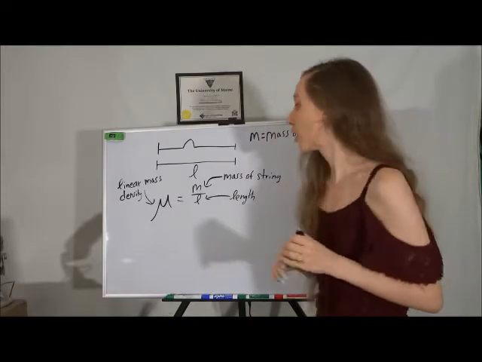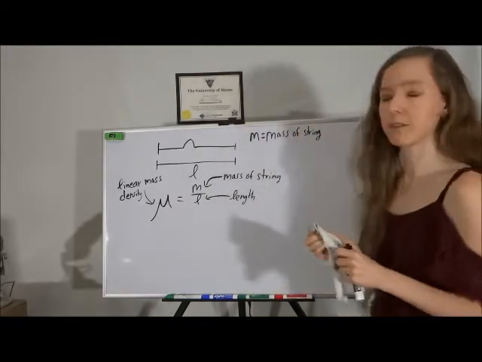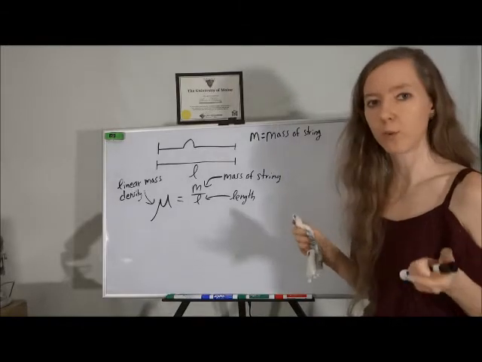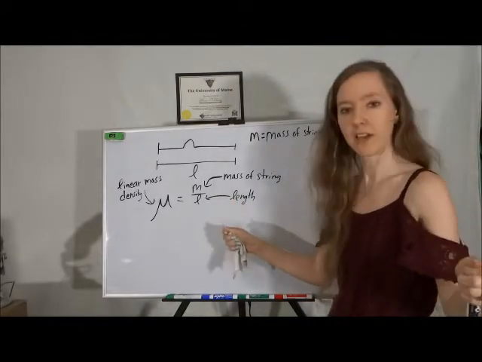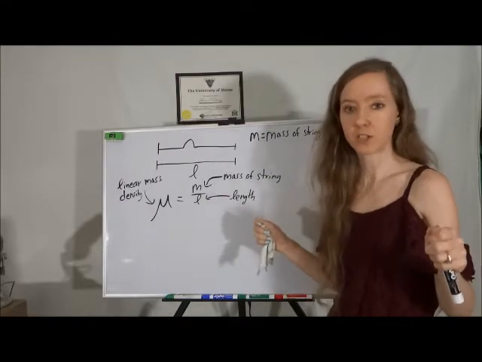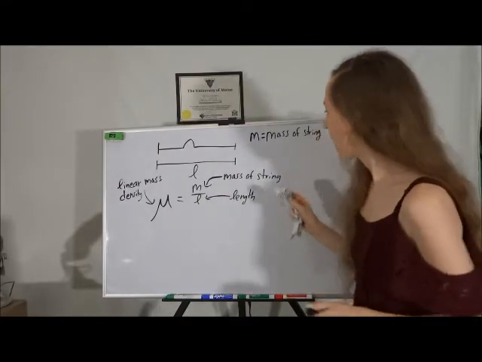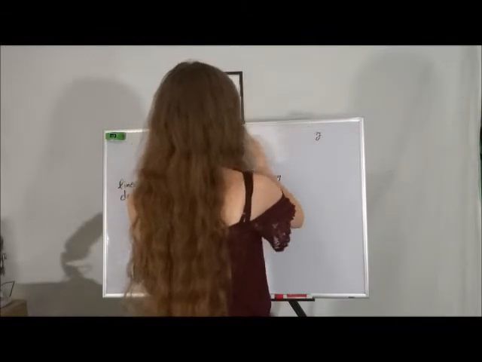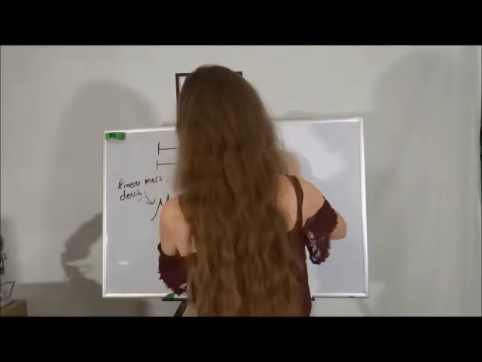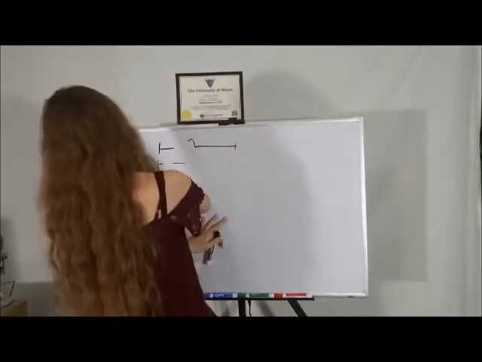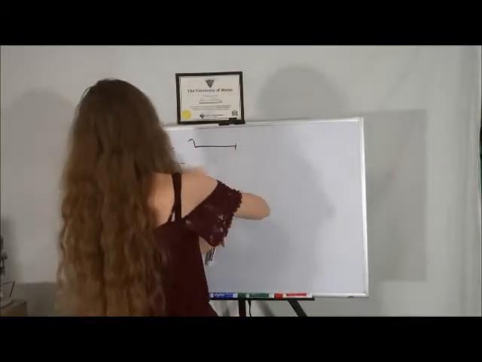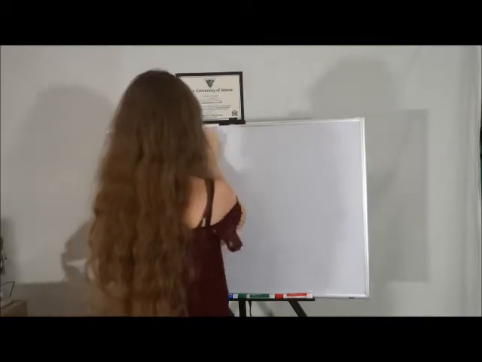All right, so the other property it turns out that matters a lot for the speed of the wave is the tension in the wave. So if we're holding the two ends of our string fixed, we're going to have some amount of tension in the string. And so it turns out the speed of the wave is related to the linear mass density and the tension through this equation.